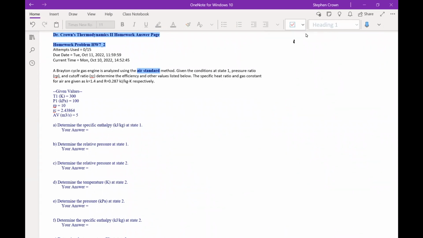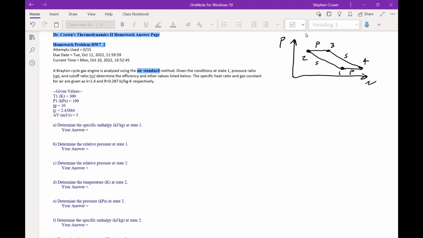If I draw a PV diagram, you have an isentropic compression process, state 1 to 2. That's for our compressor. Then we have constant pressure heating in a heat exchanger, isentropic expansion in our turbine, and then finally another heat exchanger, where we have Q out at constant pressure, isobaric.